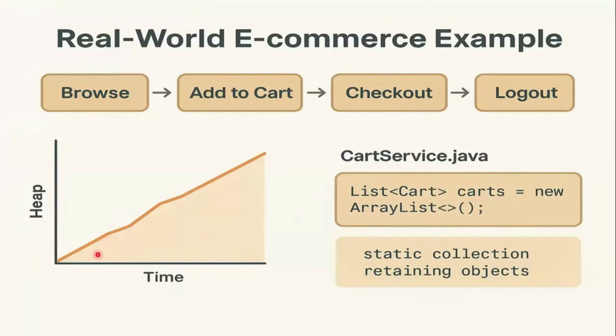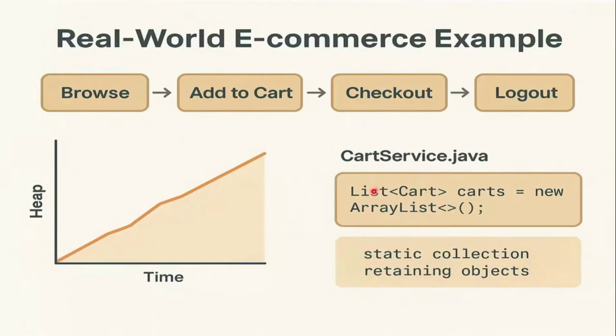But in our test, heap memory keeps rising. Investigating further, we find that every completed cart is still stored in the memory because a static list in the cart service never clears old references. That's a memory leak. And under 6 hours of steady load, it brings the whole cart service down.